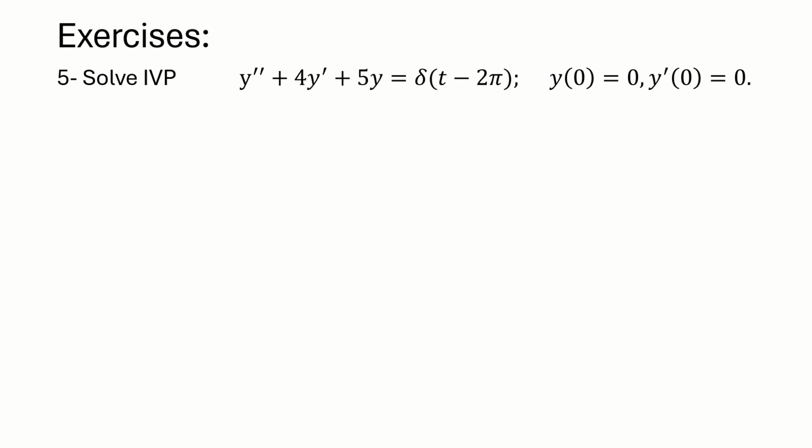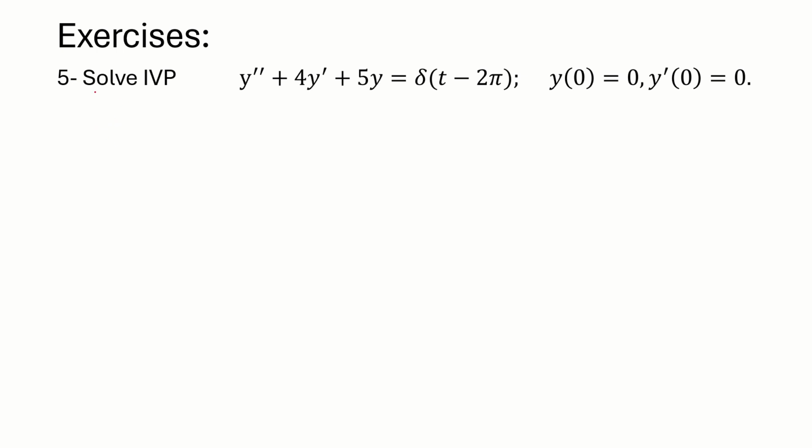Another question: again we can use the same formula, but we now have y double dash plus 4y dash plus 5y equal to this one. So the formula will be what?